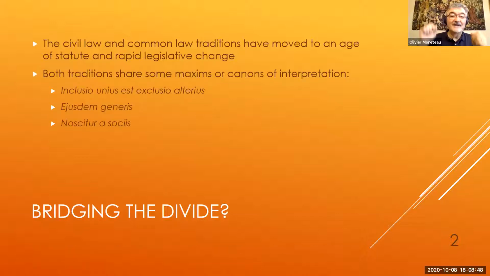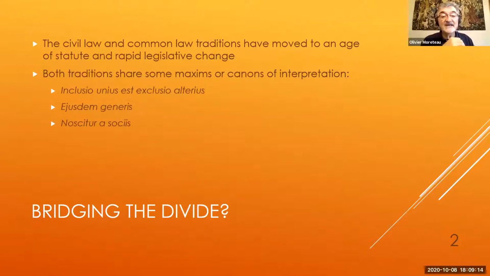Another thing that the systems share in common is that both traditions share some maxims of interpretation or canons of interpretation, as we tend to call them in the common law world. I just give you here a few examples that pop up in interpretation on either side of the civil law common law divide.